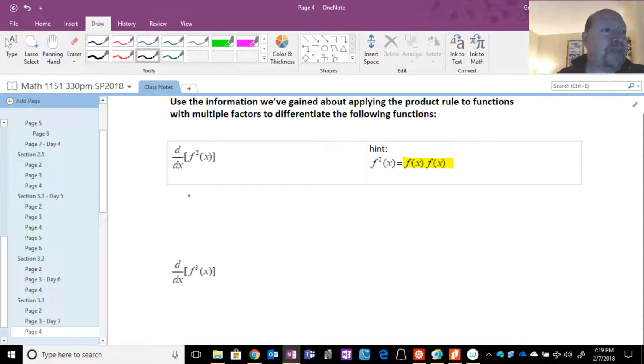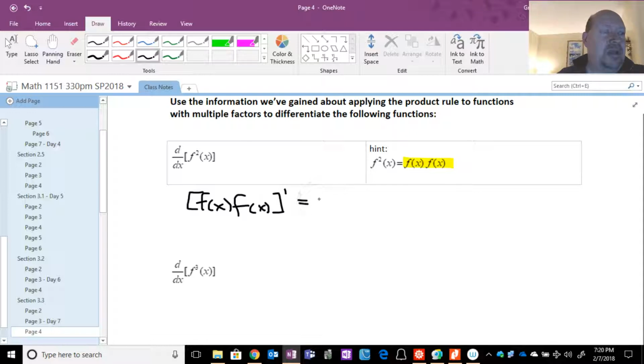So I want to take the derivative of f squared of x, which is the same thing as taking the derivative of f of x times f of x.